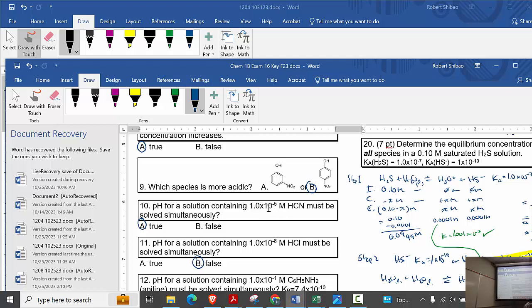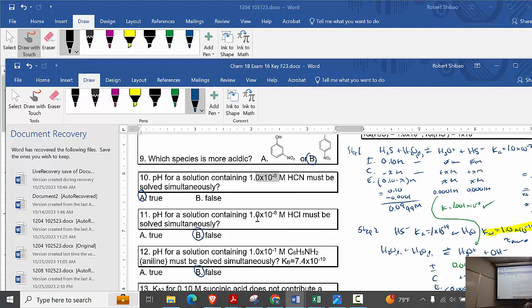All right, 10. 10 is problem number 89, I think, in the homework. It's hard to tell because it's 10 to the minus 5, but HCN, which I didn't give you the Ka for. So this was kind of from experience, because this is borderline. This one was requiring simultaneous.